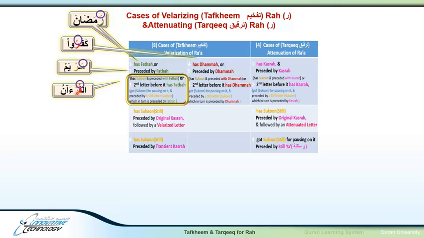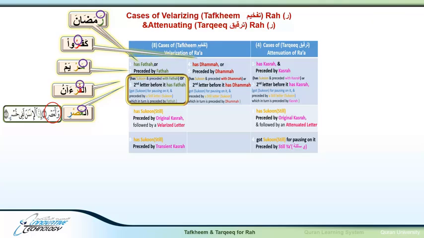The next example is where the second letter before it, not the preceding letter like the Qaf before the Ra, but one more, has a Fatha, like this one. والعصر. Asr. Look at the Ra. It's the letter before it, and then the letter before the one before it, which is the Ayn, has a Fatha. The Ra itself has Sukoon for pausing, preceded by a letter with Sukoon, preceded by a letter with Fatha. Let's listen. والعصر.